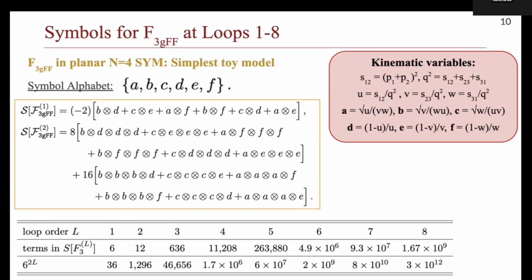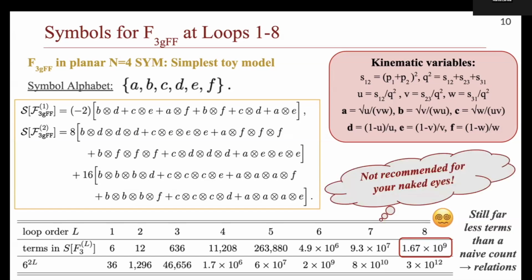In reality, the non-zero terms actually appearing in the symbols are much less than the naive count. So it's 10 to the 3, much less than for the loop 8. Still there are many terms, and it is not really recommended for your naked eye to stay at the single terms. So that's where we think machine will help.